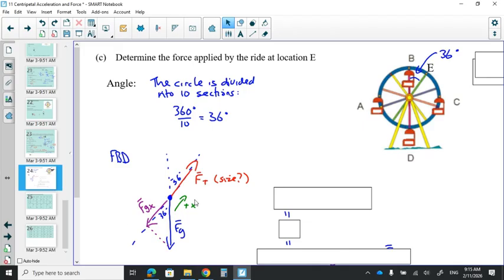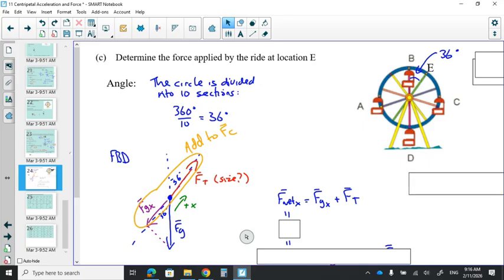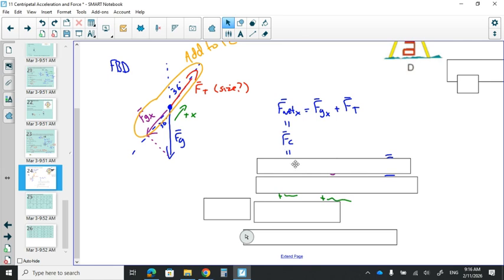So I can maybe show with orange here, but these right here and here add to Fc, just for emphasis. We know our net force is our centripetal force, and so we know that Fc equals those guys.